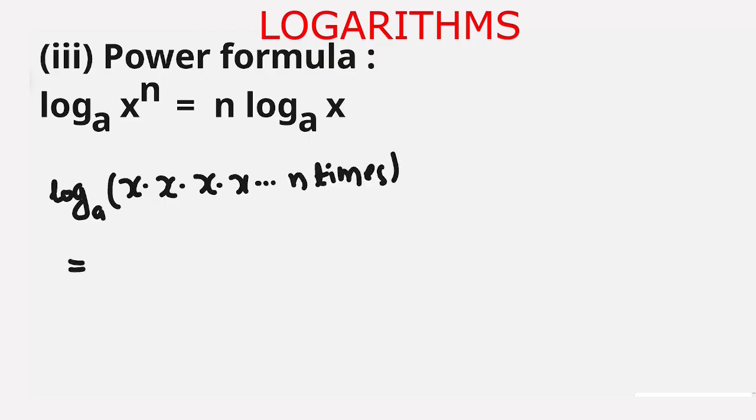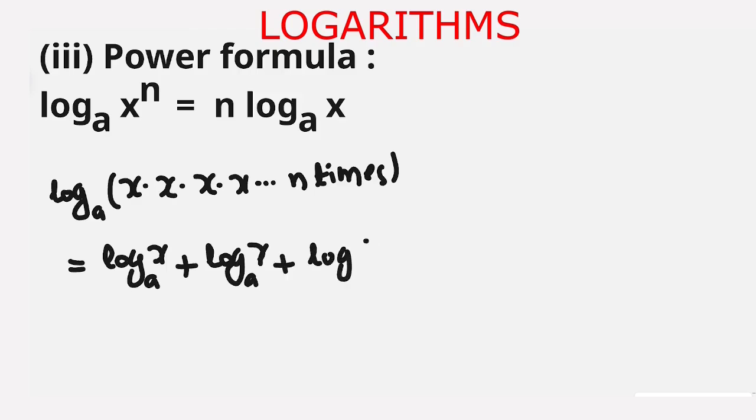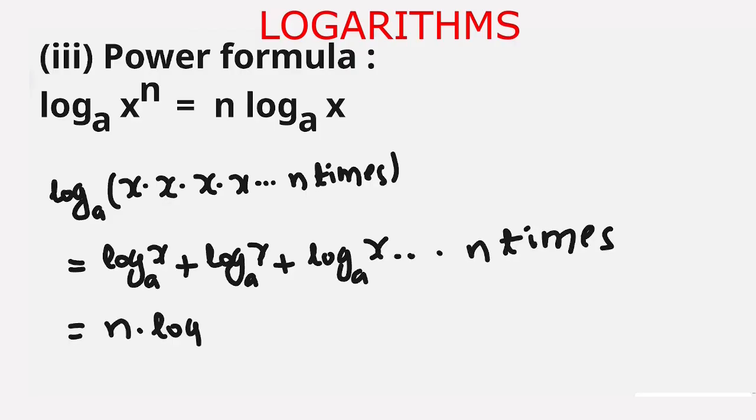This is equal to log x base a plus log x base a plus log x base a, n times. This is equal to n times log x base a. This is the extension of the product formula, which was the first formula.